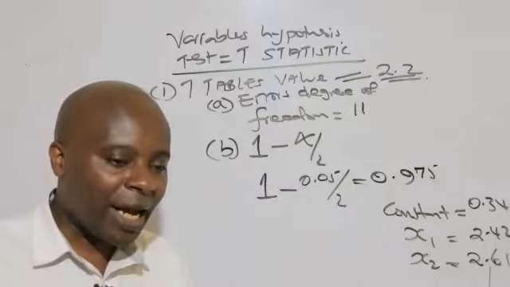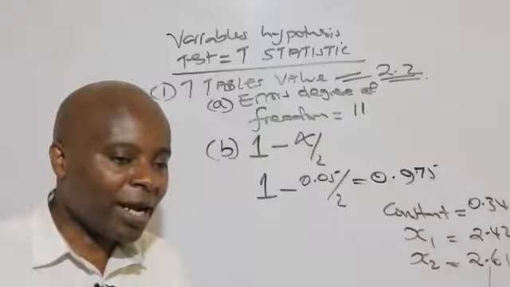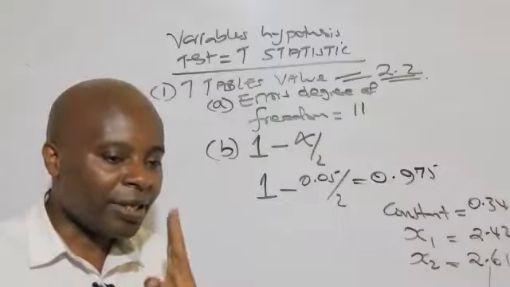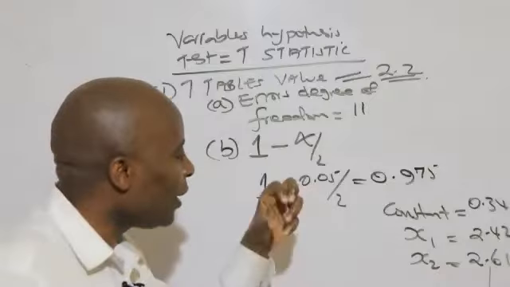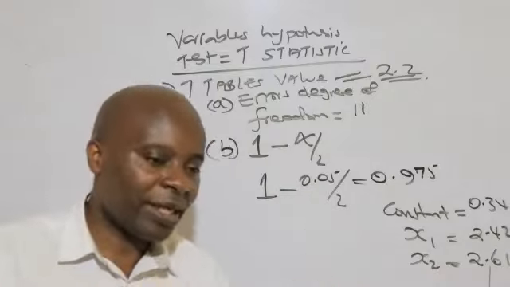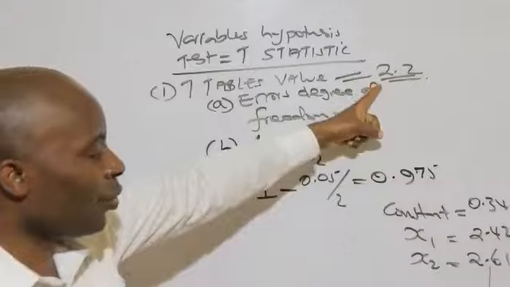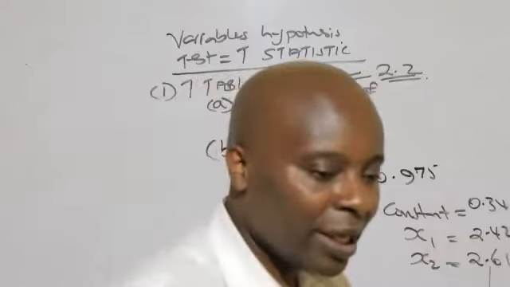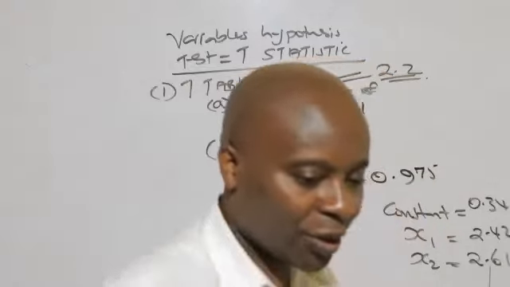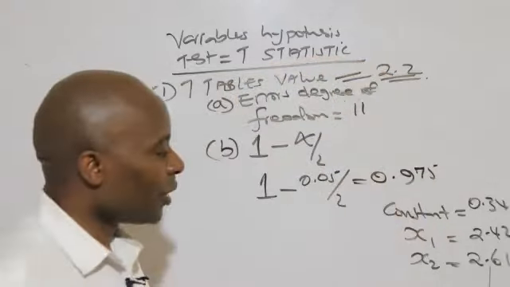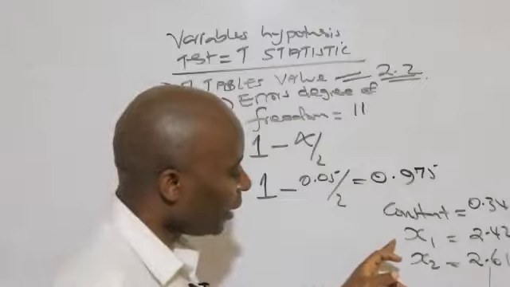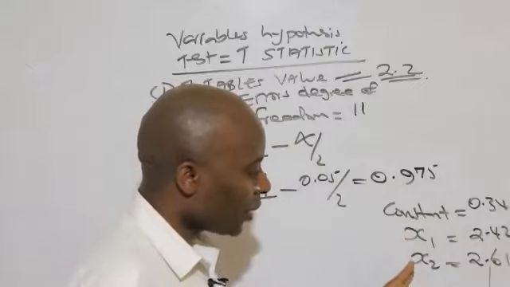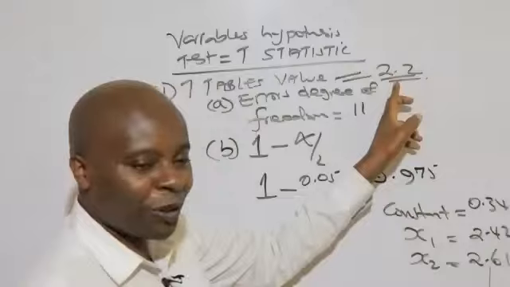Remember, significance can only arise, ladies and gentlemen, in situations where our T calculated figure is bigger than the T table. If the figure is not bigger than the T table, then that thing is useless. So in this case, I can see that the x1 and x2 figures are more than 2.2.